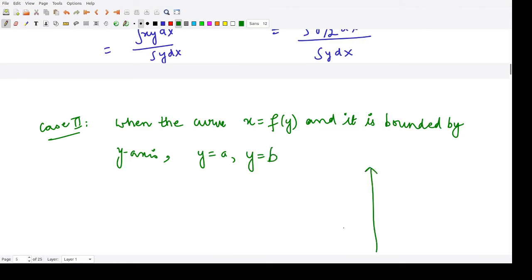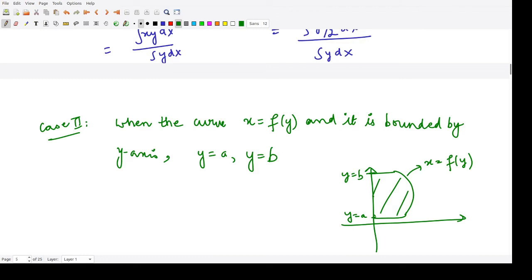So your curve here would be something like this. Its equation would be x is equal to f of y, and say this is the point x is equal to b and this is the point x is equal to a. So our total area would be this one. This whole is the total area.